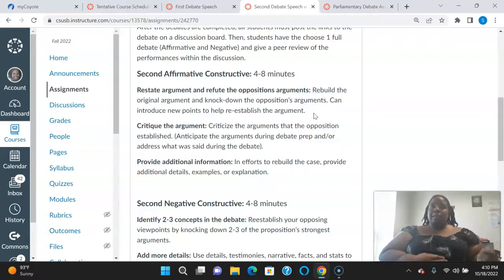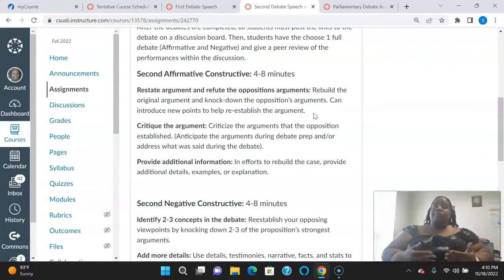In the first assignment, since you're the first affirmative speaker, we really don't have any soundboards. There isn't really any other person that you are agreeing or disagreeing with. You are establishing an argument.